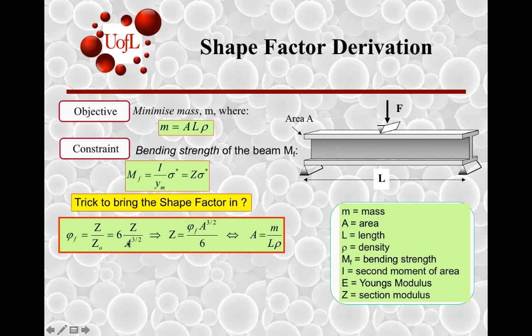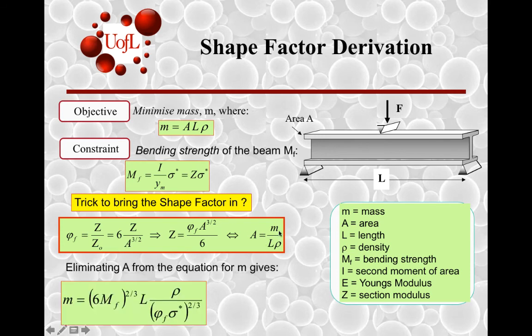If you resubstitute this Z and rearrange terms, you can introduce Z as phi times A raised to 3/2 divided by 6. Now we know that A is m divided by L times rho. So if you eliminate A, you can find an expression for minimal m based on a modified material index.